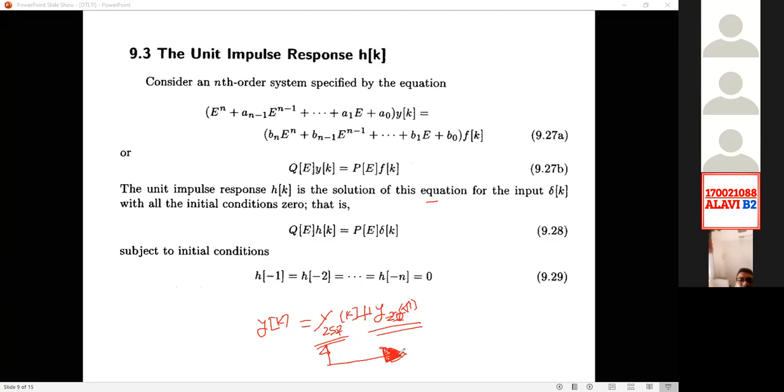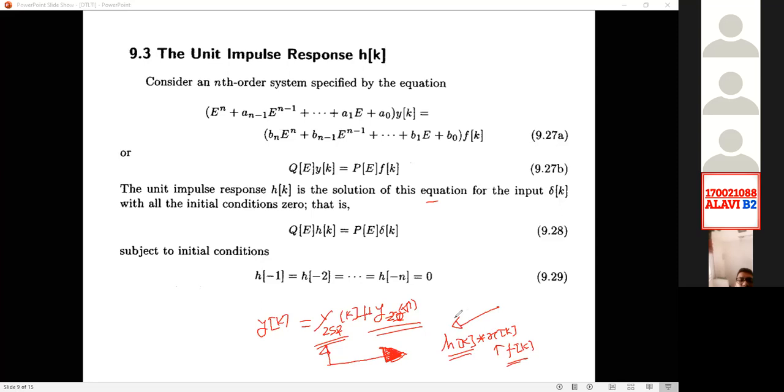Is it not the convolution of your impulse response with your input x[k], or in this notation f[k]? If your impulse response is known, then you convolve your impulse response with the input, and that will give you the ZSR. Thus, like your continuous time case, you have to determine the impulse response of a discrete time system.